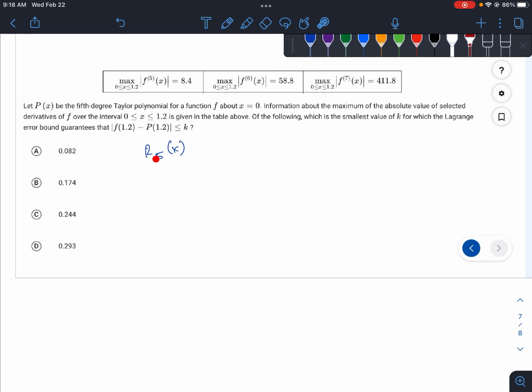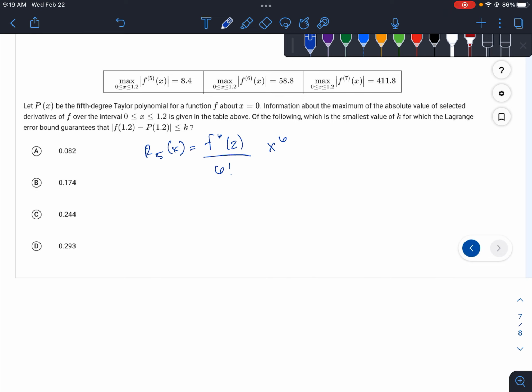R sub 5 is equal to the f of 6, so the sixth derivative at z divided by 6 factorial times x minus c. In this case, it's just going to be x because it's centered at 0. So x raised to the 6th power.